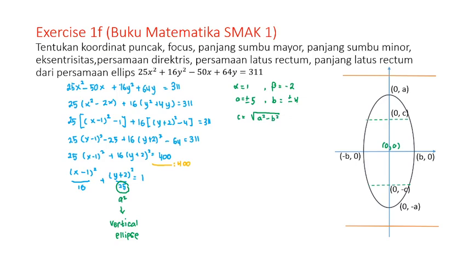So you have 25 and 16, so c is plus or minus 3. So now you have your values of alpha, beta, a, b, and c. Now please remember that the center is (alpha, beta). So we have to adjust first the vertex for the major vertex.